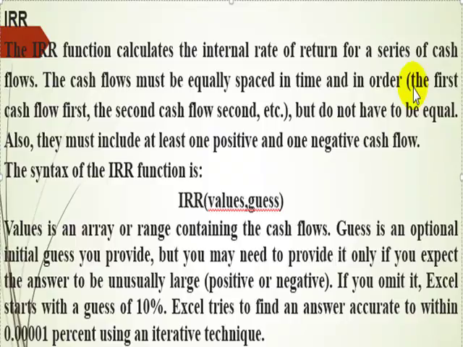The cost could be 10% per annum. The firm might be asked to pay 10% for the borrowed fund. When this amount of money is invested into a particular project, the project will yield returns to the firm. The project might last for a period of 5 years.